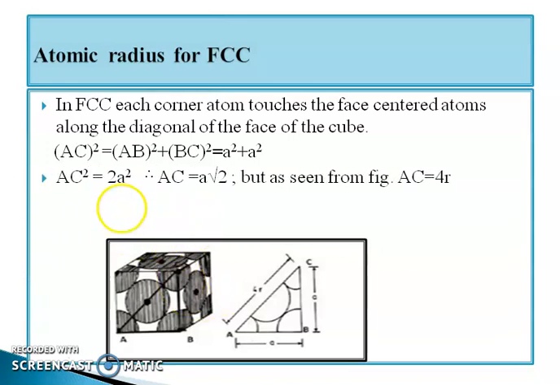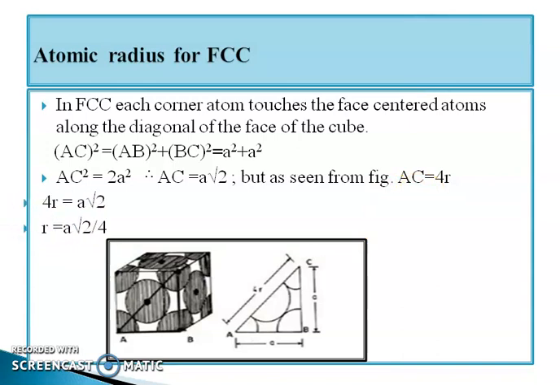Therefore, AC square is equal to 2A square, or AC is equal to A root 2. If we see the figure, AC is equal to 4R, that is, this is R, this is also R, and this is 2R. AC is equal to 4R.